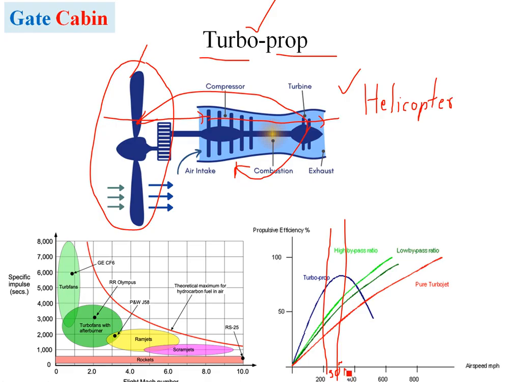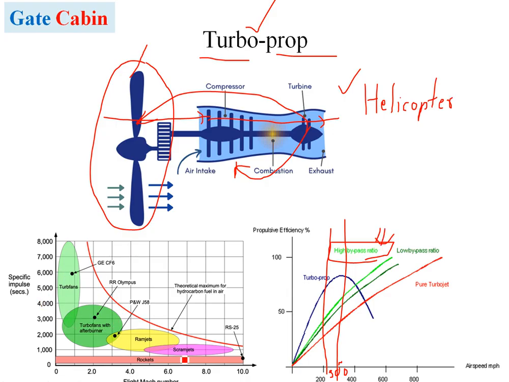But when we go to very high altitudes, around 10 or 11 kilometers from the surface of the earth, in order to maintain fuel economy it is suggested that we should use high bypass ratio turbofan engines.